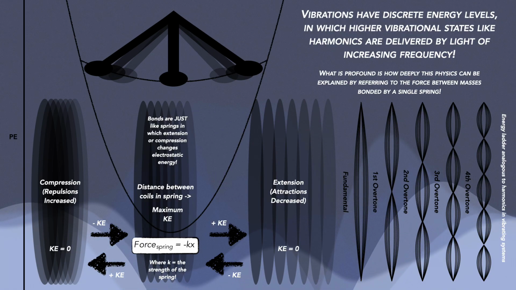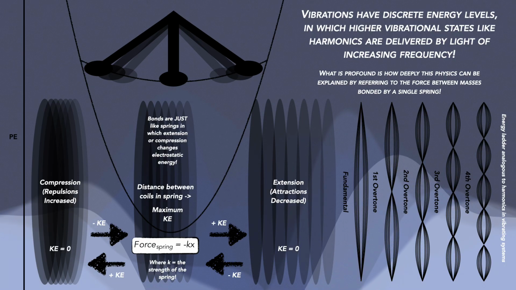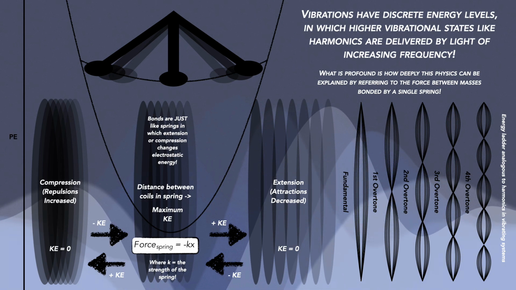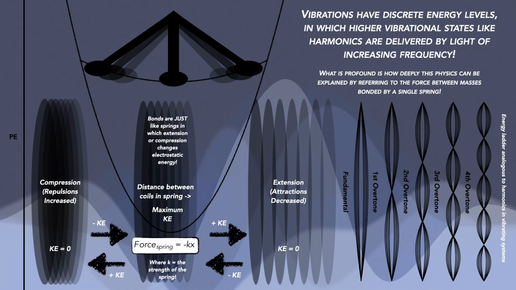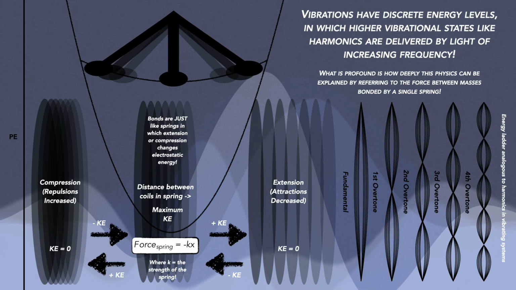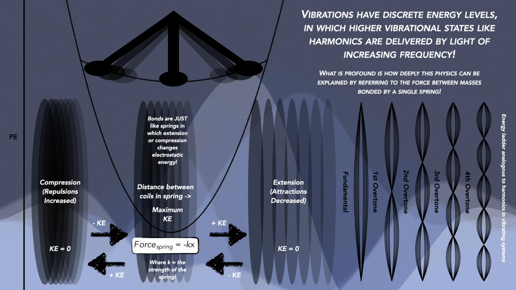If the atoms move closer together, repulsion increases. If they move farther apart, attraction decreases. So the bond oscillates between compression and extension, storing and releasing energy. It is just like a spring, and energy moves back and forth between potential and kinetic energy.